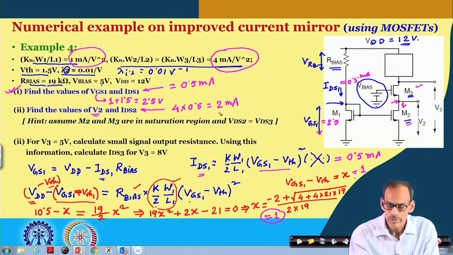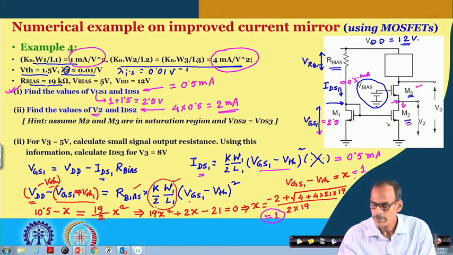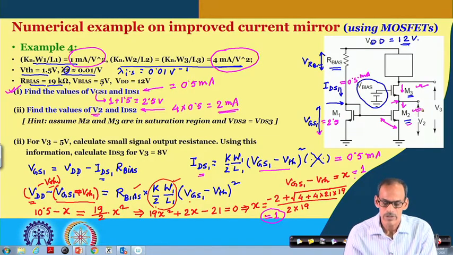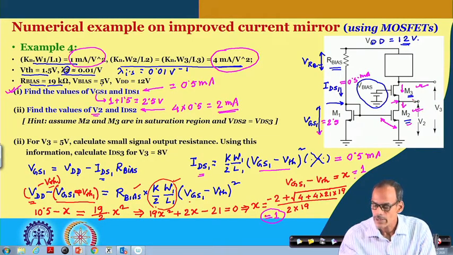So, this 2 milliampere current is flowing, and the same current is flowing here also, and the VGS here is the same. Since the dimensions of transistor 2 and transistor 3 are equal, and if I assume transistor 3 is in saturation region, then the corresponding VGS here will be the same as the voltage you have, namely 2.5.